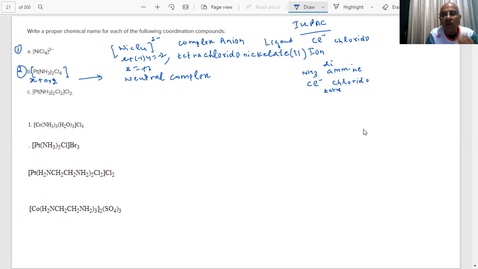And Cl4, how much? Minus 1 each. So you have minus 1 into 4 equal to 0. So what is the value of X then? What is the oxidation number of platinum in this case? Platinum is in which oxidation state? 4.